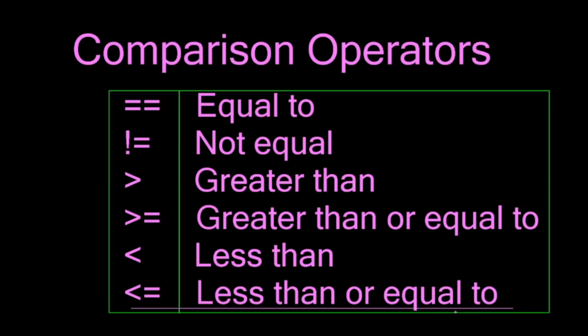If the first value is smaller than the other, we would have true, or if it is equal, we also will have true. And that is pretty much about the comparison operators.